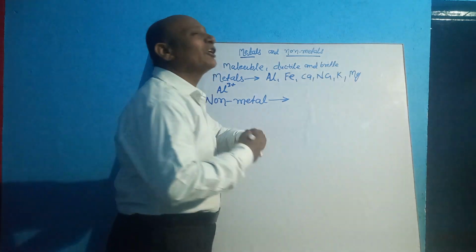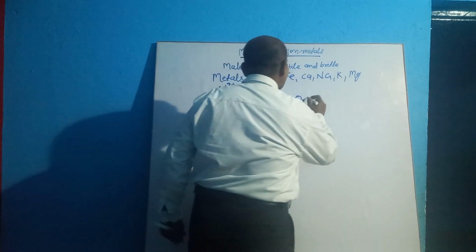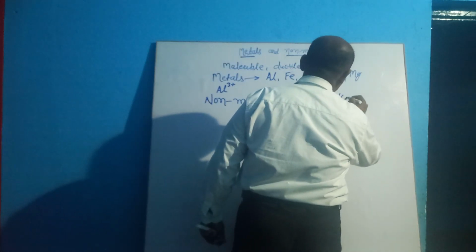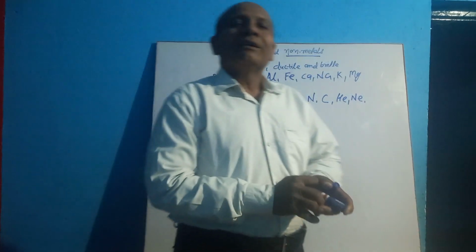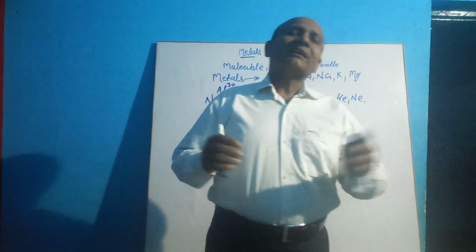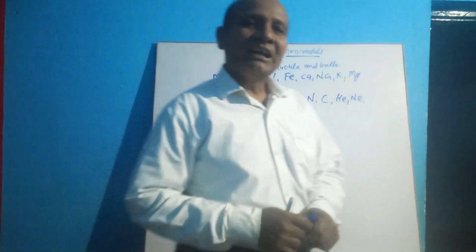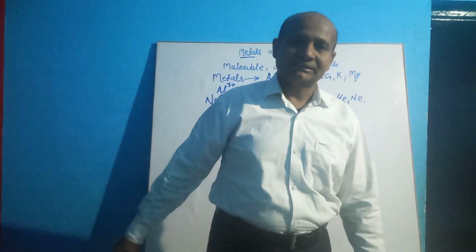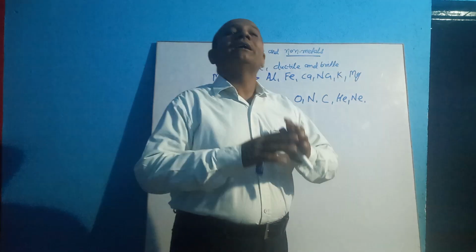Some examples of non-metals are oxygen, nitrogen, carbon, helium, neon, argon, krypton, etc. There are 22 non-metals, in which 10 are solid at room temperature, one, bromine, is liquid at room temperature and the remaining 11 are in the gaseous form.